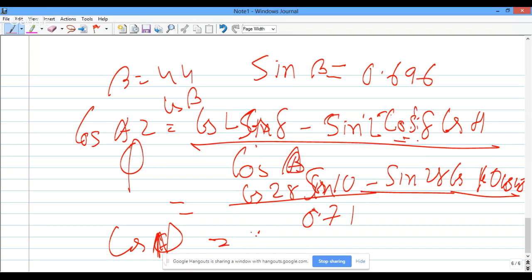The value comes out to be minus 0.266. Cos phi is equal to minus 0.266, and phi comes out to be 105 degrees. So 105 degree, yes, that's what it is.